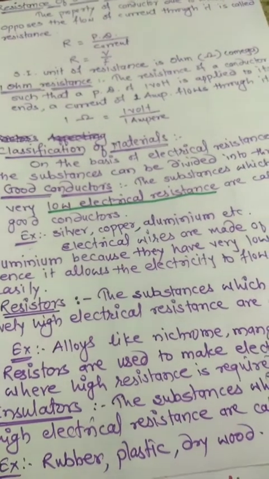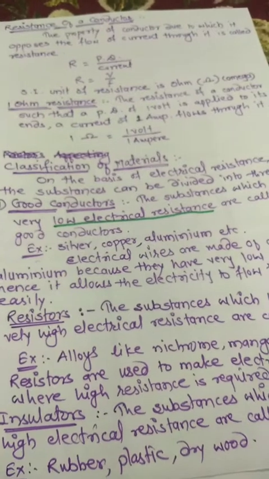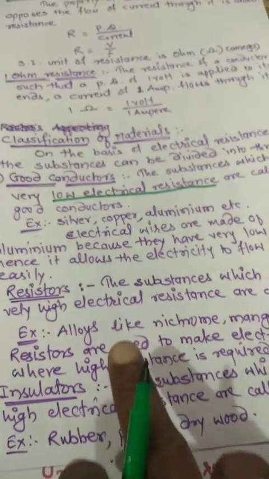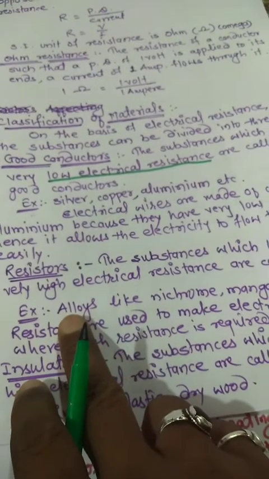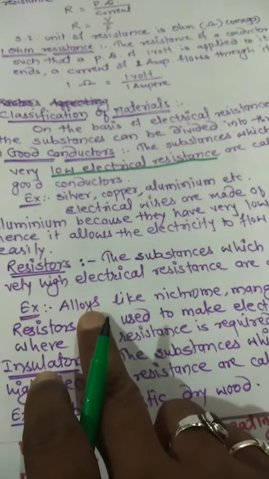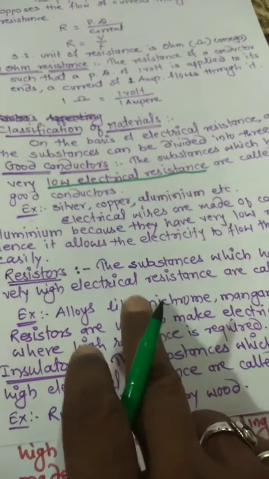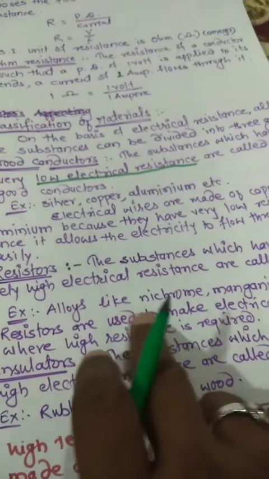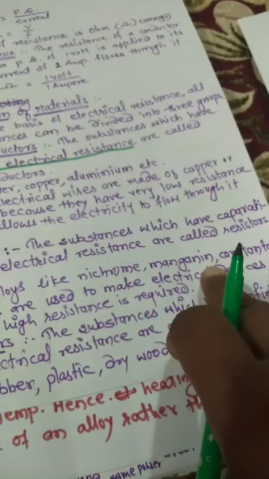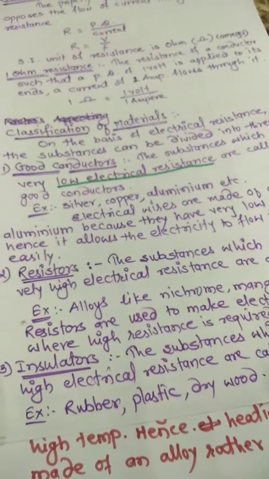So current flows but it will not melt. Examples of such materials are alloys. You know, the mixture of two or more elements or metals is called an alloy. Alloys like nichrome, manganese, constantan are examples of resistors.